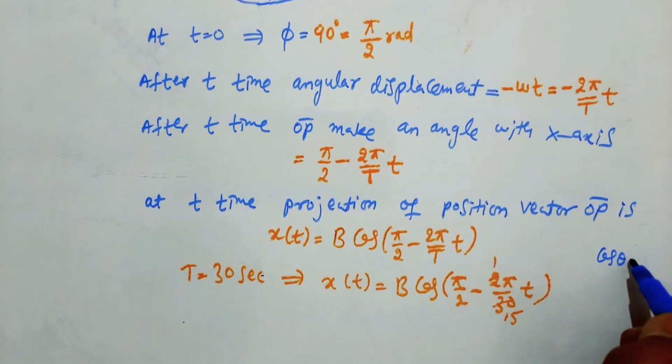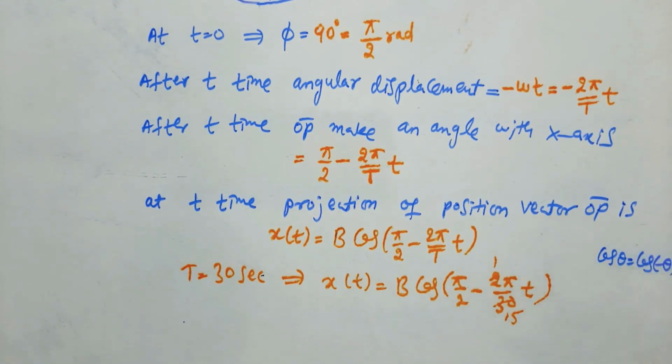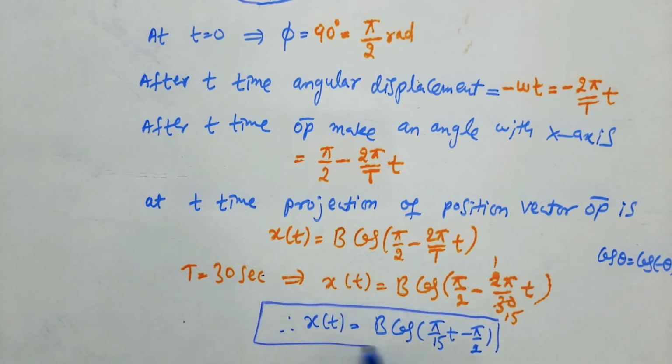So we can write x of t is equal to B cos of pi by 15 t minus pi by 2. This equation represents simple harmonic motion with amplitude B, angular frequency pi by 15, and phase constant minus pi by 2.